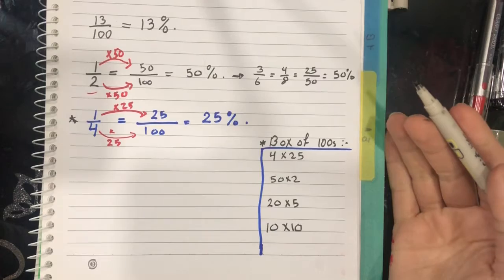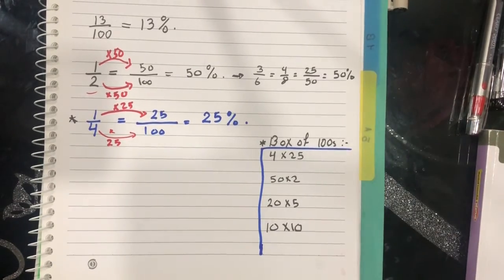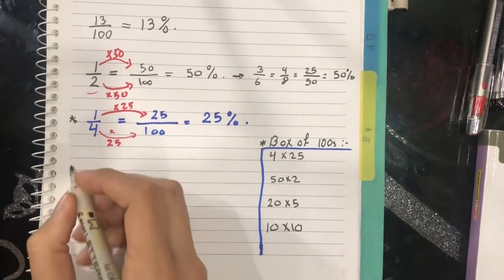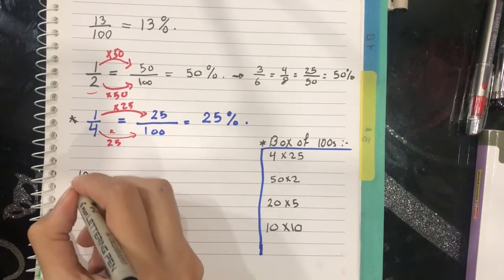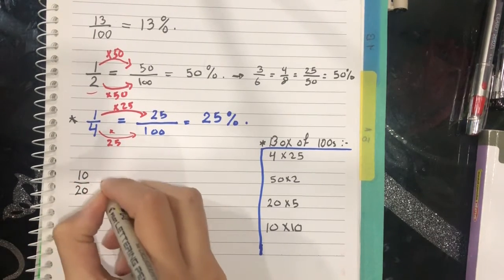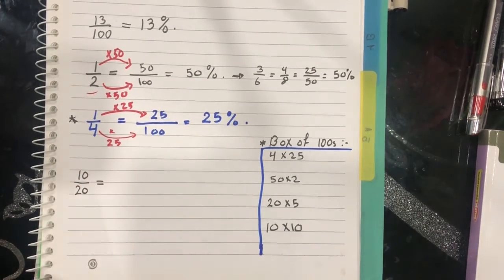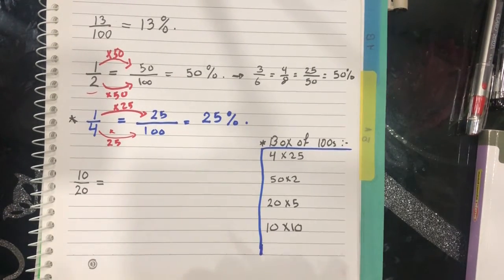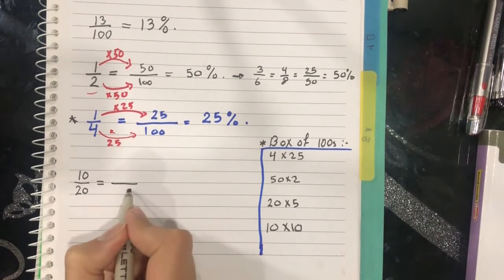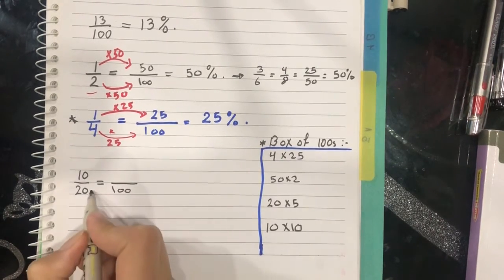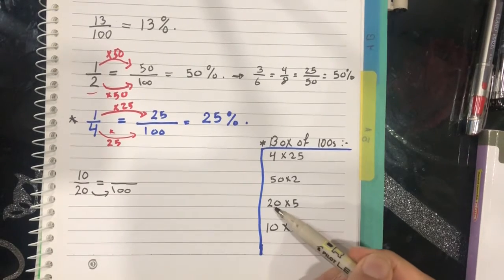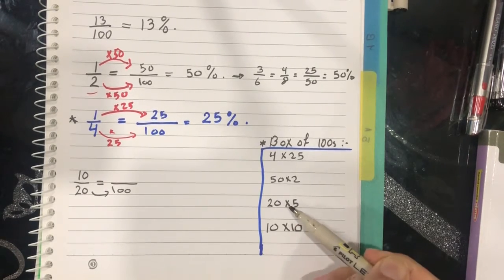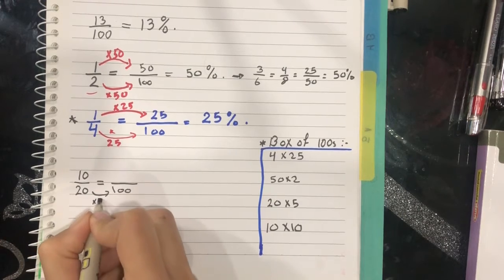If I am asking you to write 10 out of 20 as a percentage, of course you can say the numerator is half the denominator, so this is equal to 50%. But if I want you to show your work, show me how did the denominator become 100, you will say 20, from the box of hundreds, 20 will be multiplied by 5.